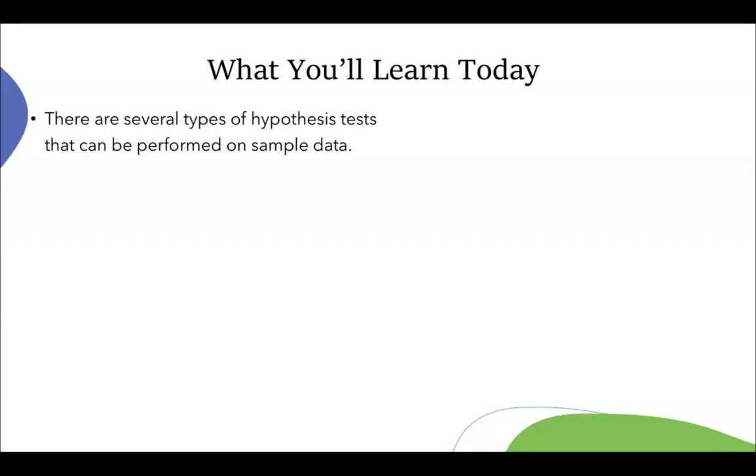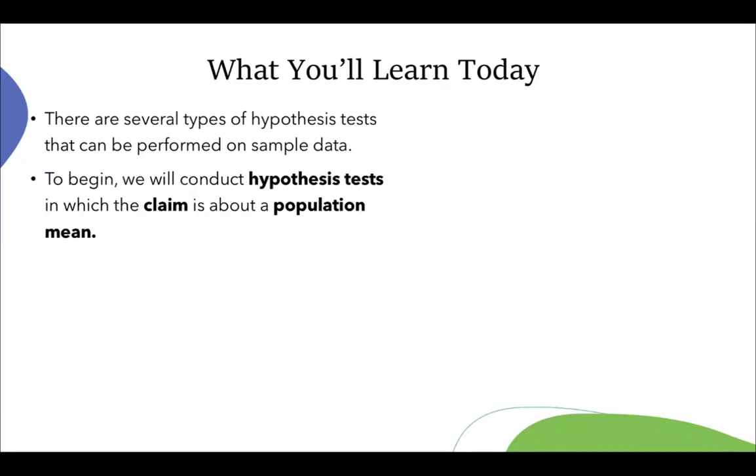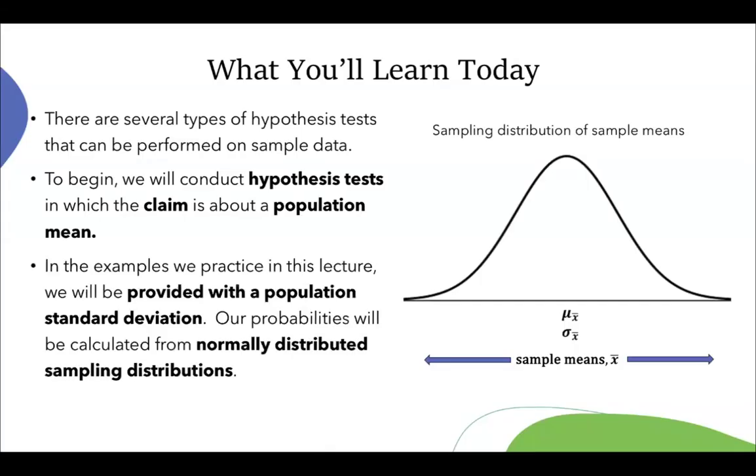What you'll learn today: there are several types of hypothesis tests that can be performed on sample data. We will conduct hypothesis tests in which the claim is about a population mean. In the examples we practice in this lecture, we will be provided with a population standard deviation, and our probabilities will be calculated from normally distributed sampling distributions.